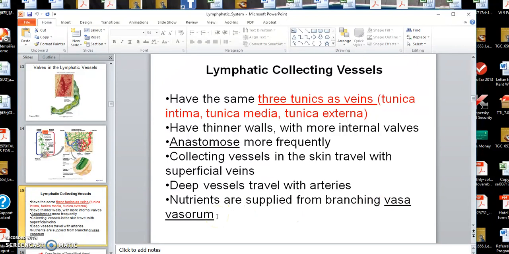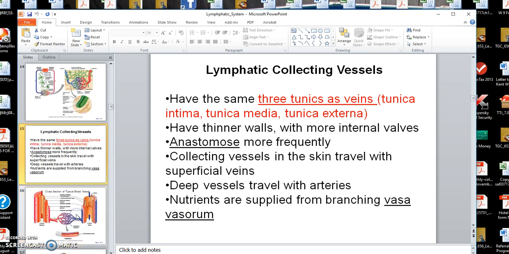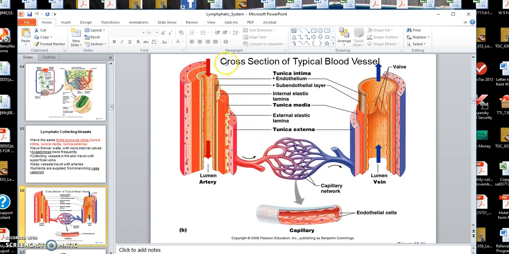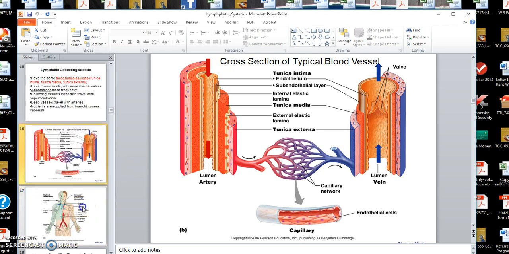Remember that the vessels themselves need to live, so they must have a blood supply themselves. This is what we call a vessel to a vessel. Okay. Here would be an example you can study of the three tunics of a blood vessel, which would be similar to the lymphatic vessels. Okay.